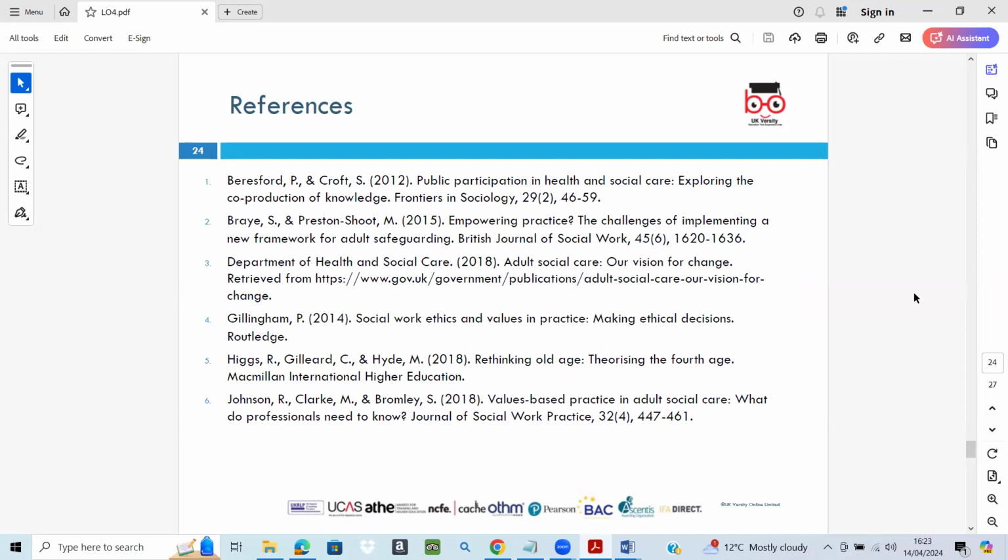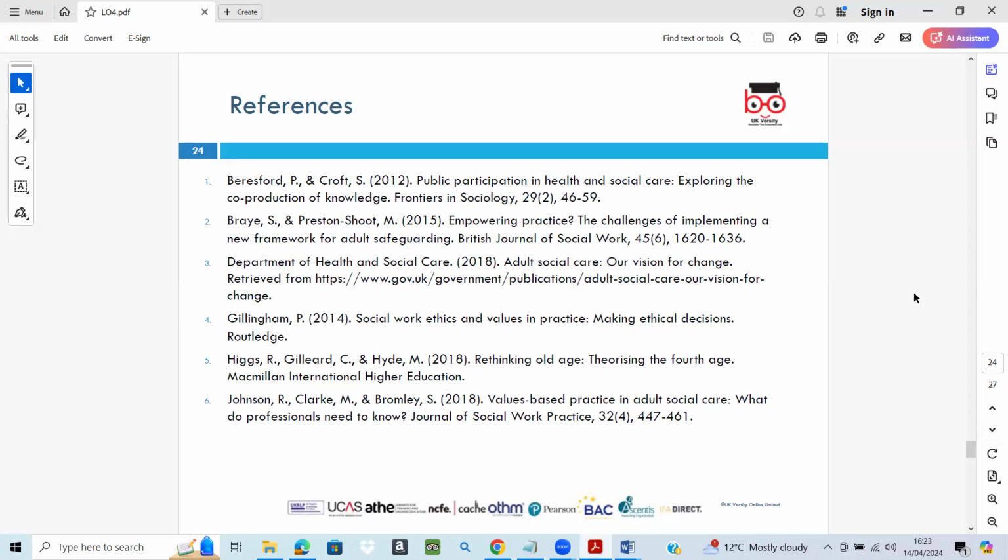So as I discussed earlier, the importance of integrating empathy and compassion, dignity, and ethical practices is very important, and the discussion on continuous improvement and professional development is very vital.